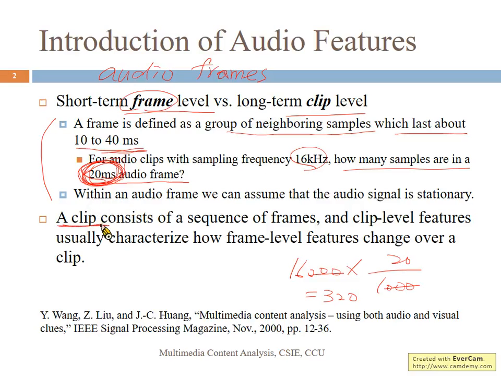That is called an audio clip. A clip consists of a sequence of frames, and clip level features usually characterize how frame level features change over time. In the following material, most of the content comes from a paper published in the year 2000 in IEEE Signal Processing Magazine. I highly recommend you read this paper because it is quite simple, but very important for understanding audio features.